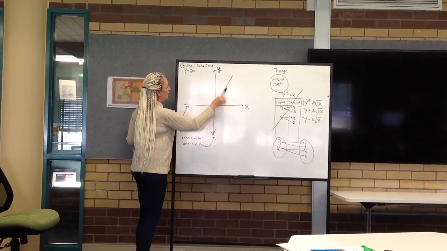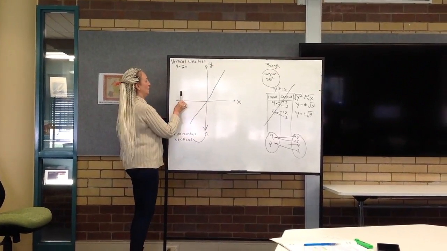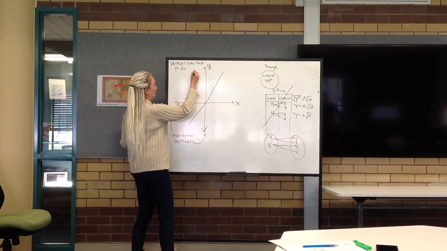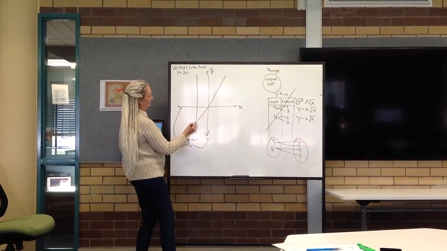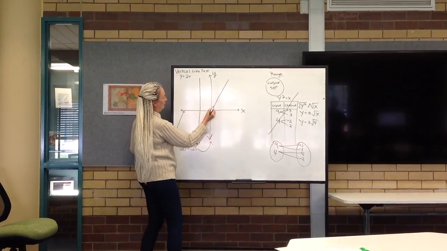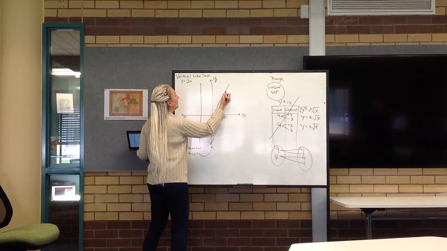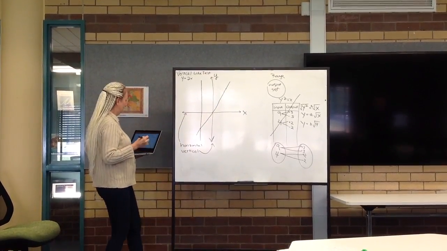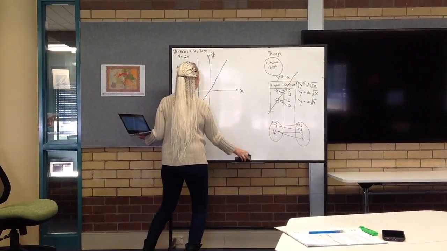And you can only cross the line one time if it is a function. So we move it across the graph. How many times does it cross there? 1. And there, 1. And there, 1. Okay, so would that be a function? Yes.